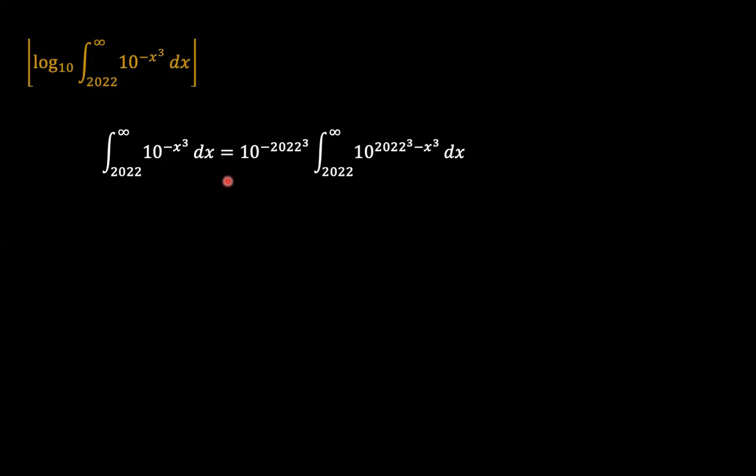So the first step is we pull out a 10 to the power negative 2022 cubed. And in order to negate this introduction, we put a 10 to the power 2022 cubed inside the integral. So we now have the integration from 2022 to infinity of 10 to the power 2022 cubed minus x cubed.